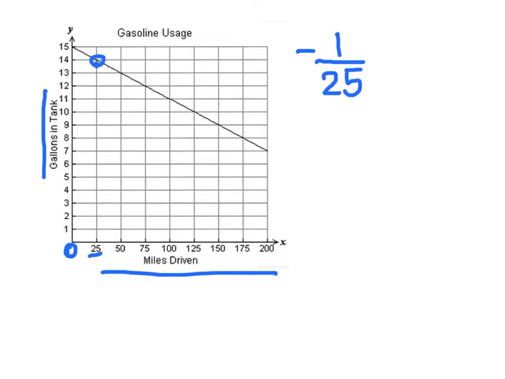It's going to go down 1 over 25. So that tells me then that this vehicle uses 25 miles per gallon, because I'm using up 1 gallon for every 25 miles.